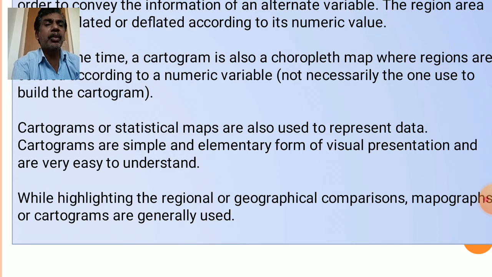These are simple and easy to understand, an elementary form of visual presentation.